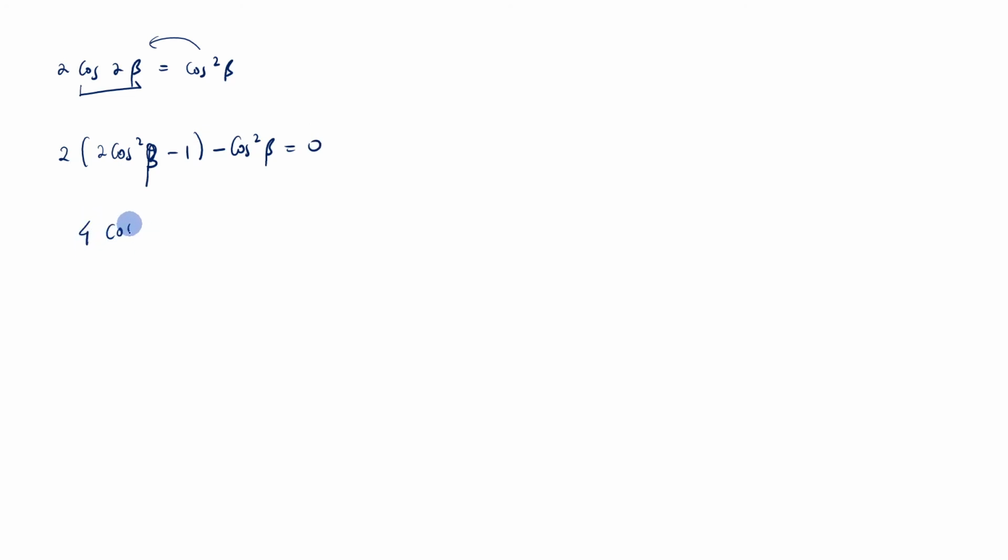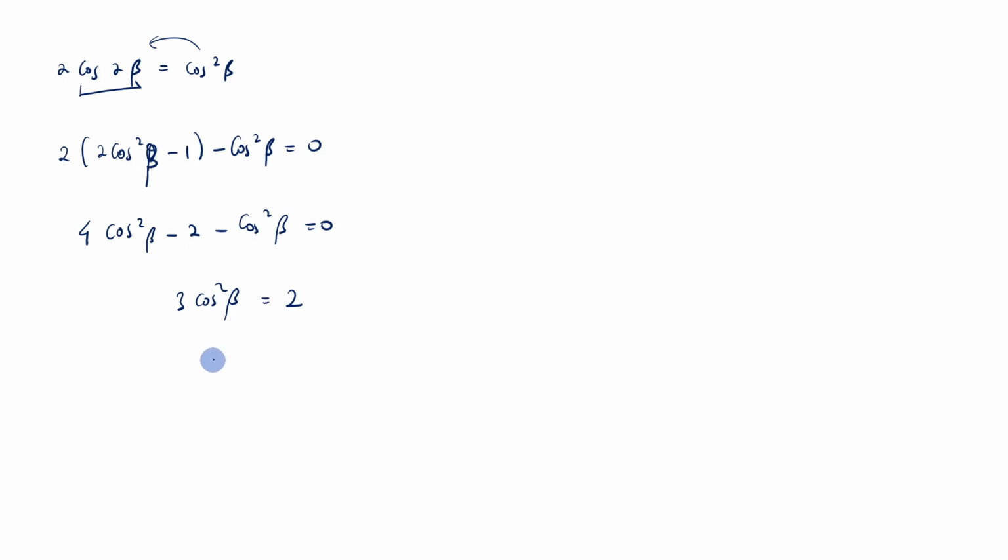We get 4 cos beta square minus 2 minus cos beta square, and we get 3 cos beta square equals, we can move this term to the right side, equals 2.